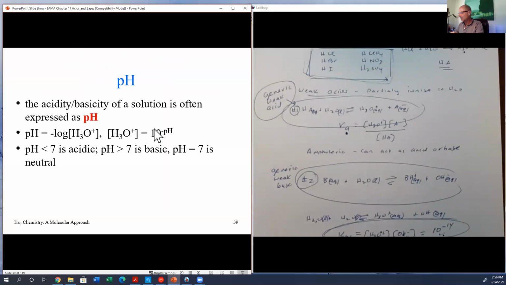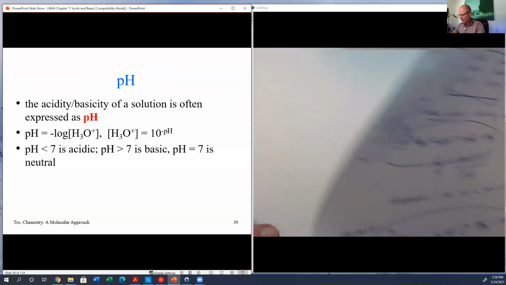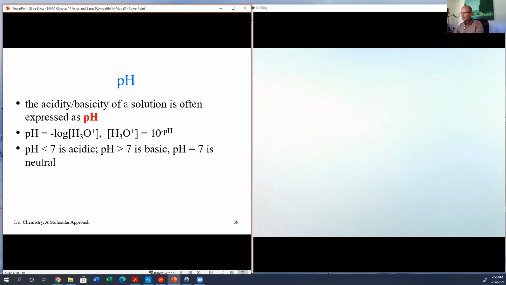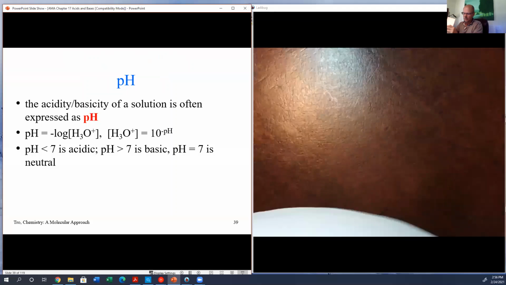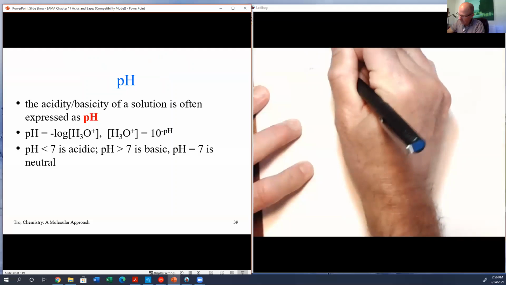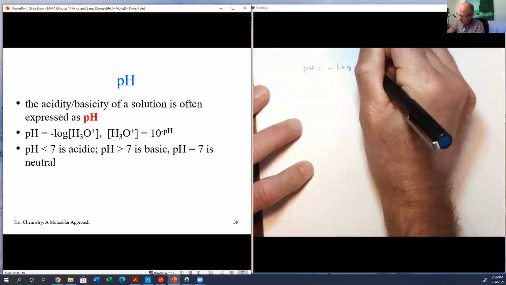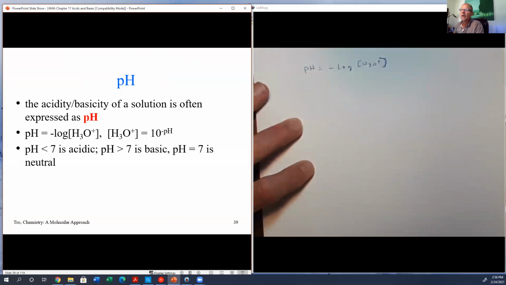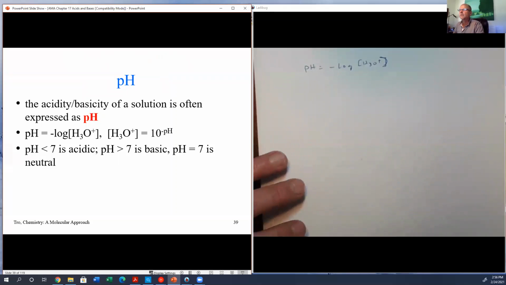The pH scale is a way to express acidity, and it's defined as minus the log of the H3O+ concentration.